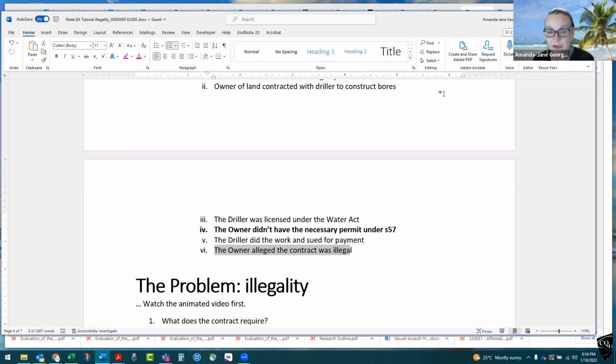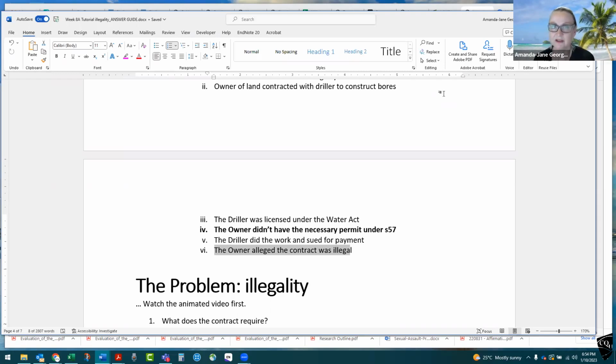But there's a very good description of how you go about working out if something is illegal because the contract is in furtherance of an illegal purpose. Okay, do you have questions about that?